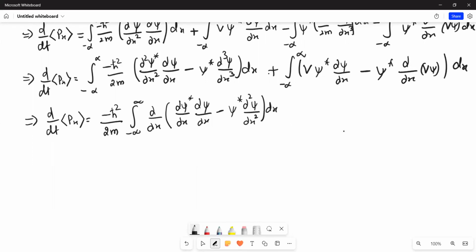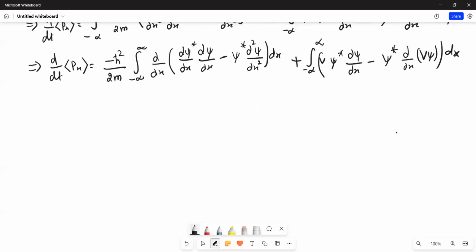Plus the integral over minus infinity to plus infinity of V psi star dou psi by dou x minus psi star, and we will expand it later in the next equation, dou by dou x into V psi, the whole thing, and dx.